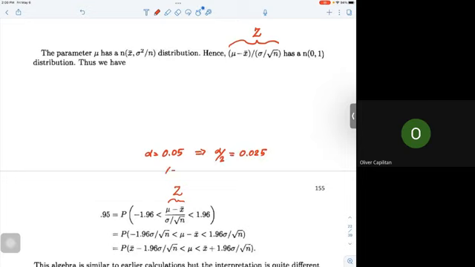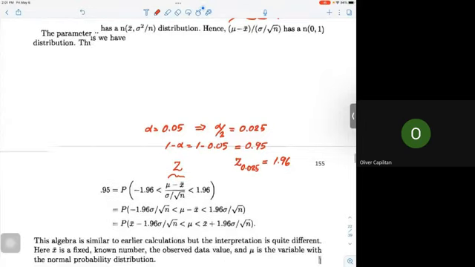And then the 1 minus alpha, which is 0.95. And the value of z of 0.025, the upper percentile point of the normal distribution here, is equal to 1.96.